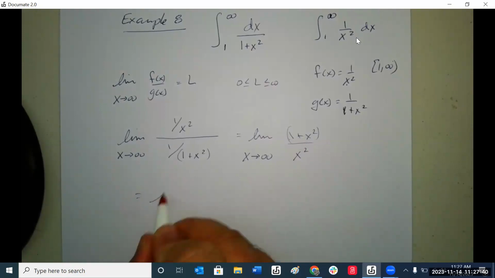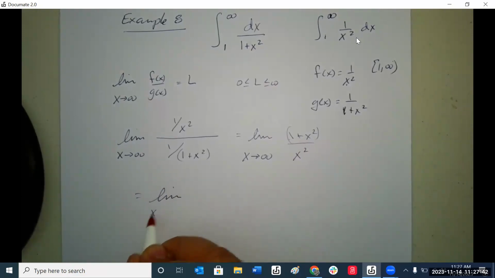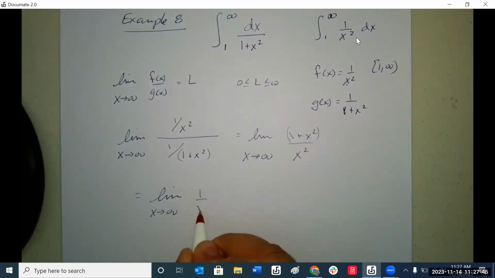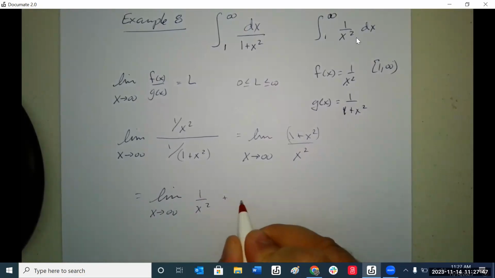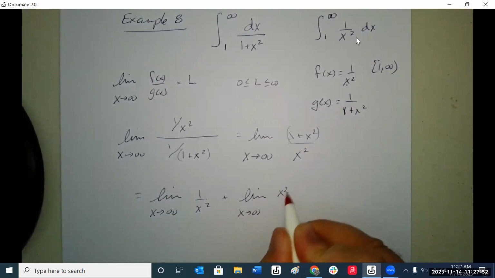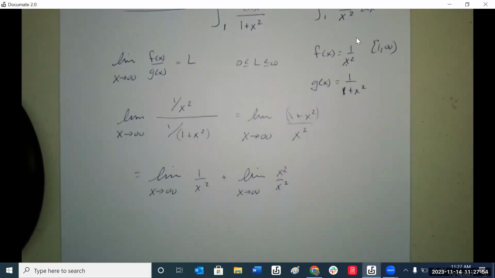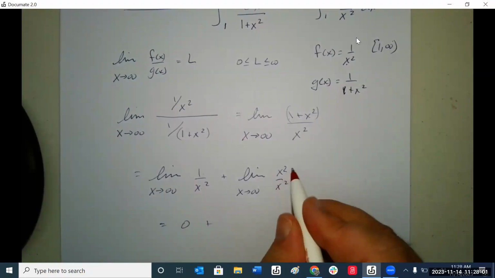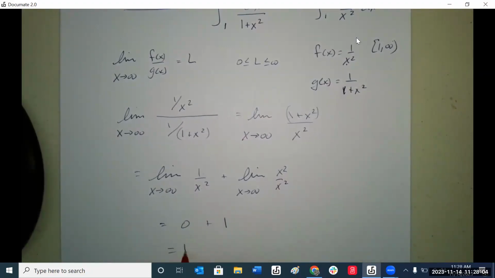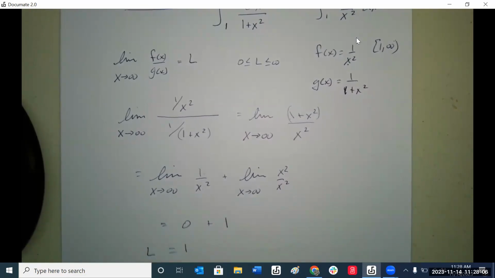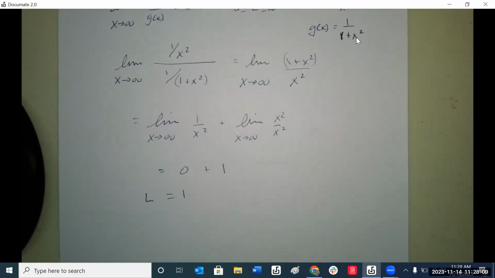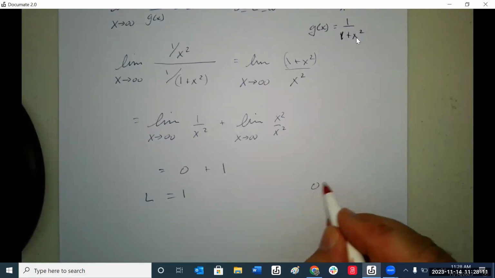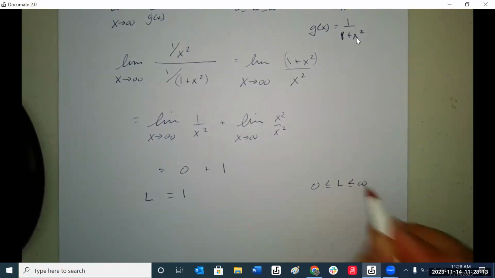Reducing two parts: the limit as x approaches infinity of 1 over x squared, plus the limit as x approaches infinity of x squared over x squared. 1 over x squared as x goes to infinity goes to 0. This one becomes 1. So L is 1, which satisfies this condition.